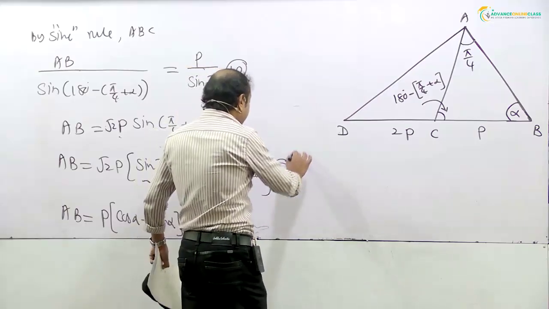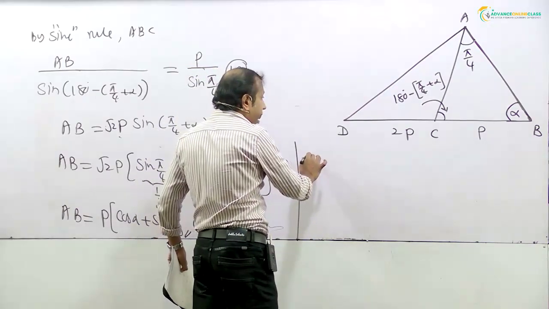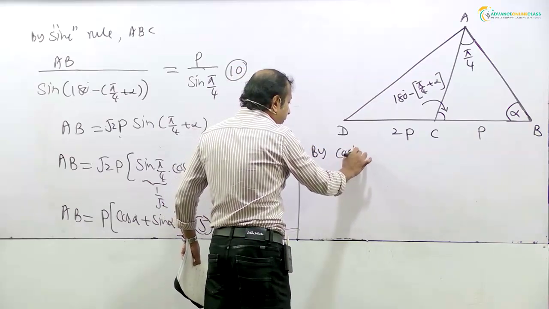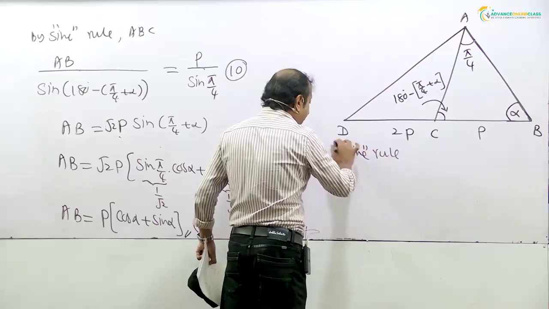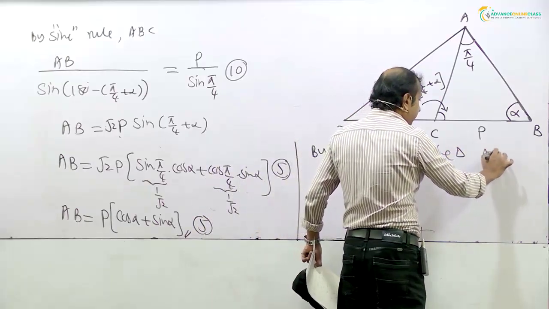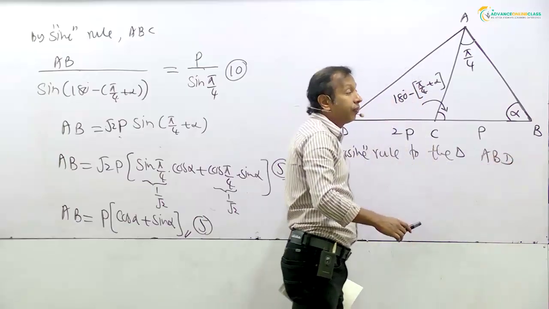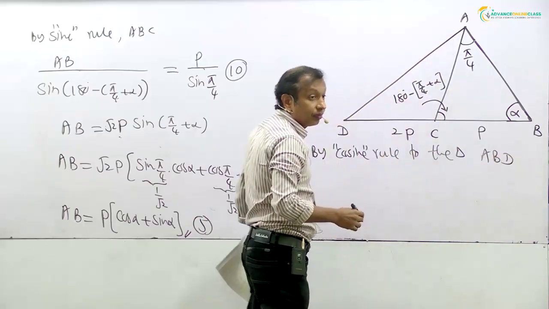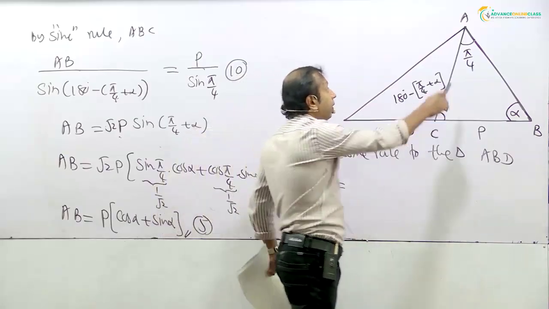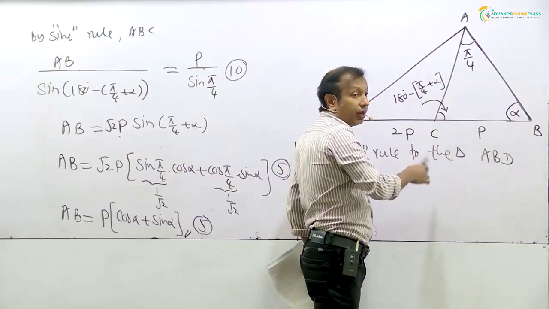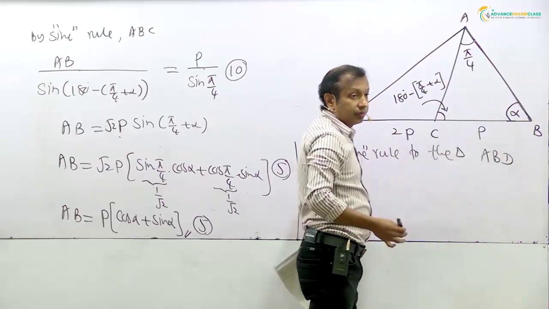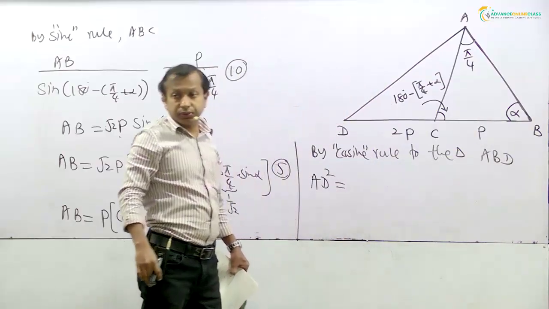We can apply the cosine rule to the triangle ABD. Tell me the cosine rule. AD squared equals what? AB squared plus BD squared minus 2 times AB BD cos alpha. Yes or no? Yes.